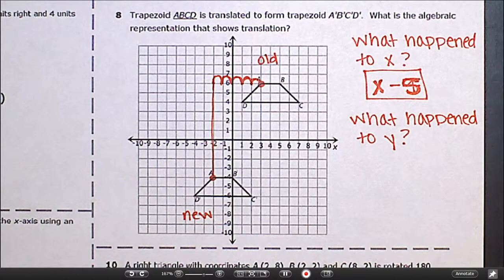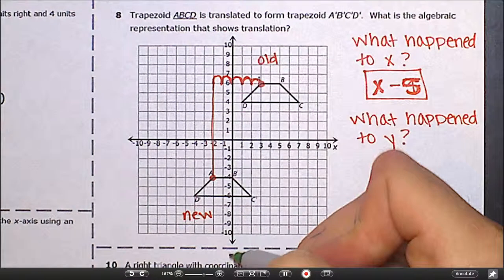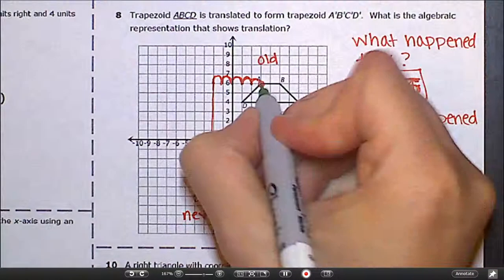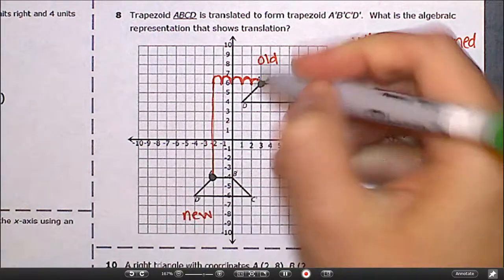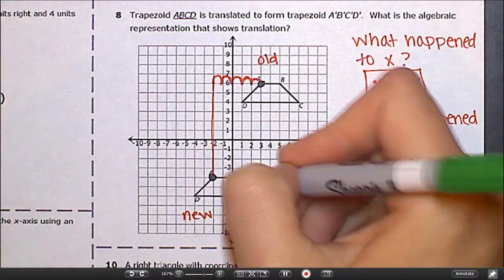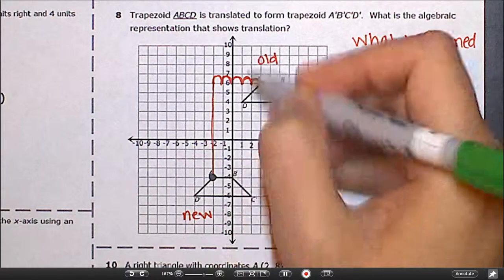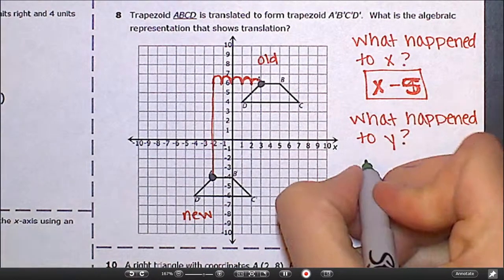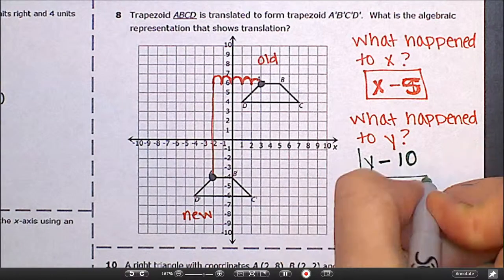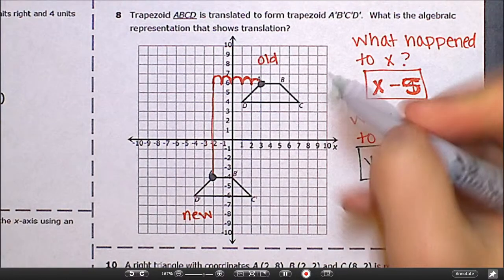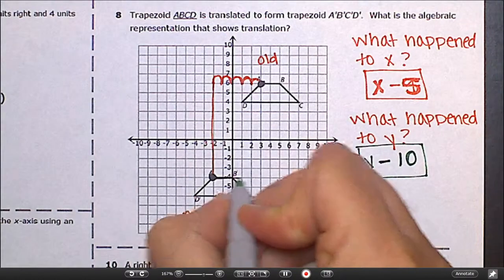For y, that's our up and down, because this is our y-axis, so it's up and down. So I'm going from A to A prime. So from y equals 6 down to y equals -4. So that means I'm subtracting 10. Y minus 10. But again, let's double check that. So I want to get down to here.